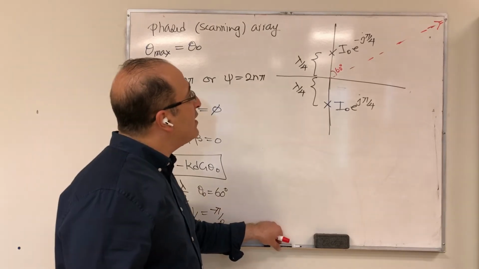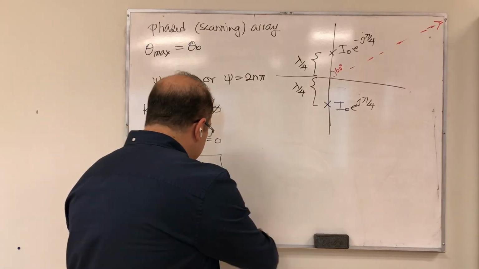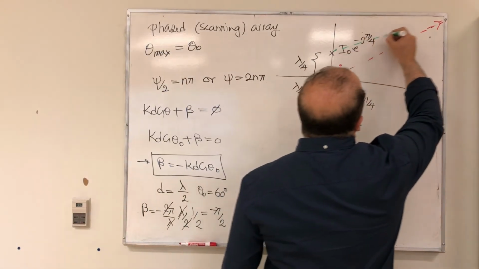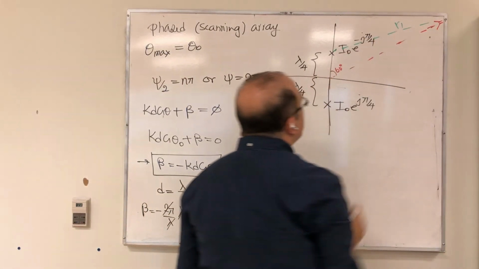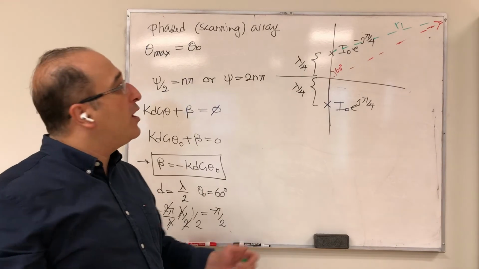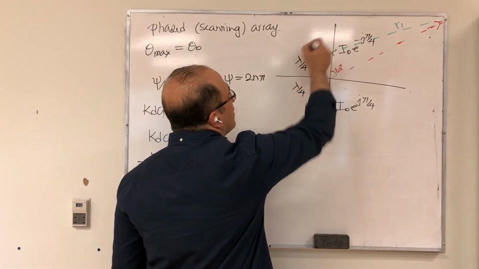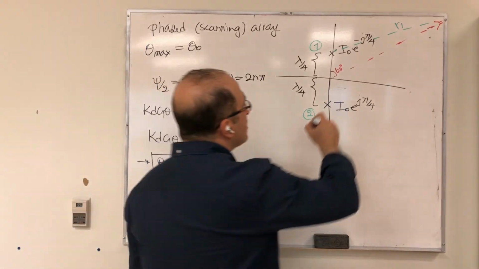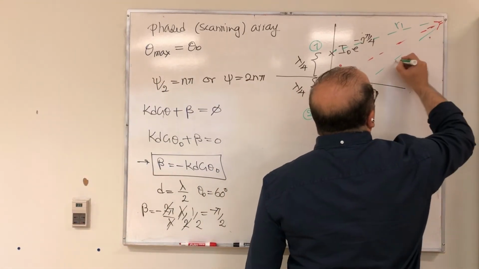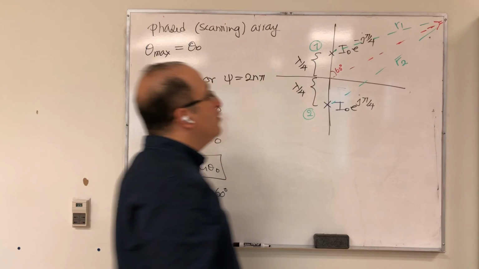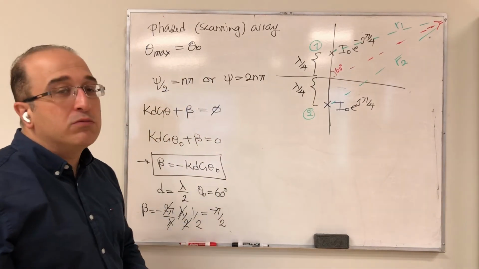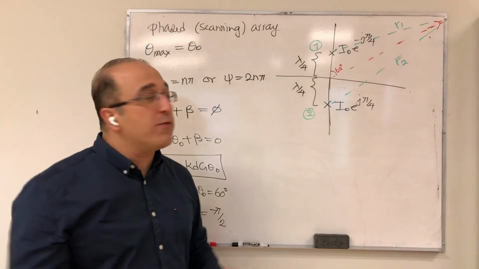If you are in the far field, the first antenna, the distance that it needs to travel to get to you is R1. Let's call this the first antenna, and this the second antenna. The second antenna needs to travel R2 to get to you. So what is R1, what is R2? We need to know the difference between them.